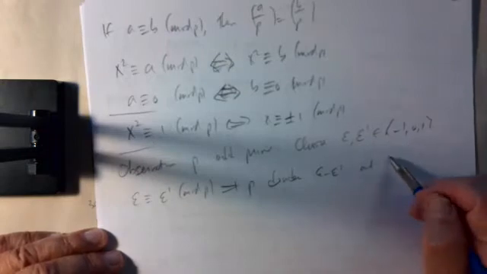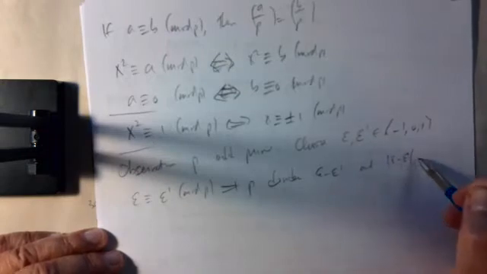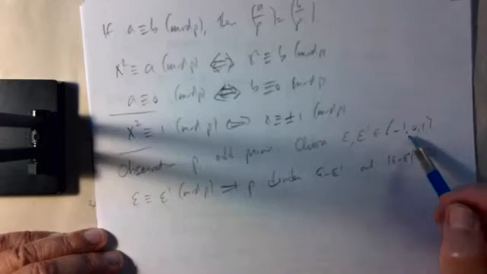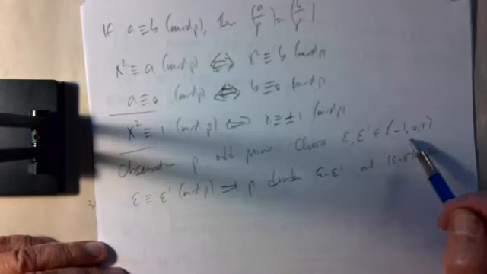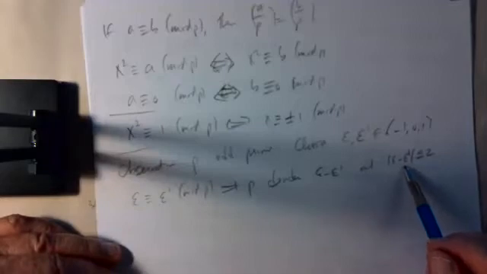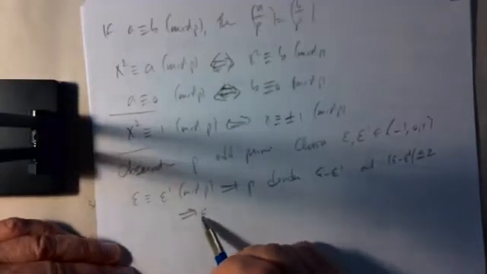And epsilon minus epsilon prime is at most 2, right? The difference between 2 numbers in this set is at most 2. So the only way a prime p, which is at least 3, divides a number which is at most 2 is if the number is 0. So epsilon equals epsilon prime.